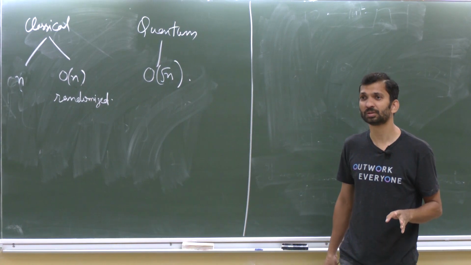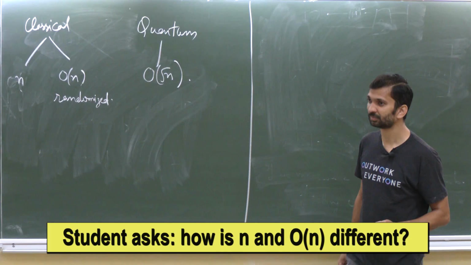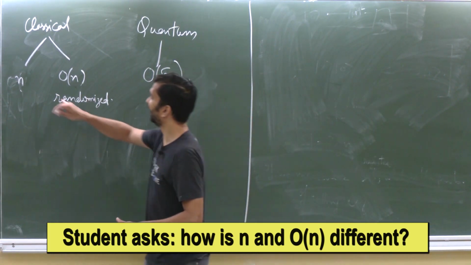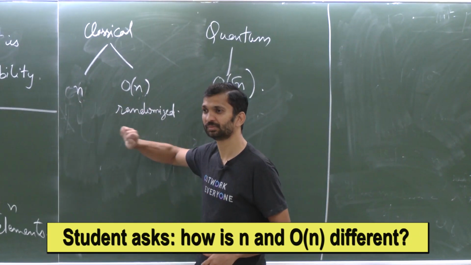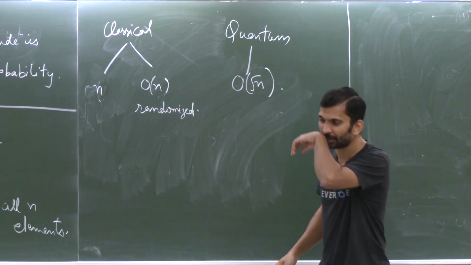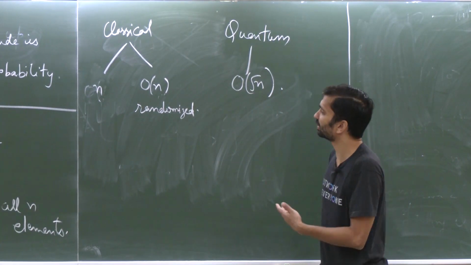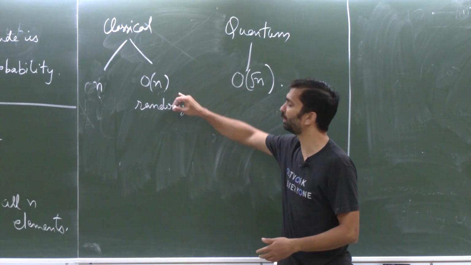Sounds good? How's the difference? Like you mentioned n and O of n, wouldn't that be the same? n is also O of n, but O of n need not be n. So randomized can be better than deterministic, but it may be equivalent. If you allow error of 1 by 3, this would be 2 by 3n.